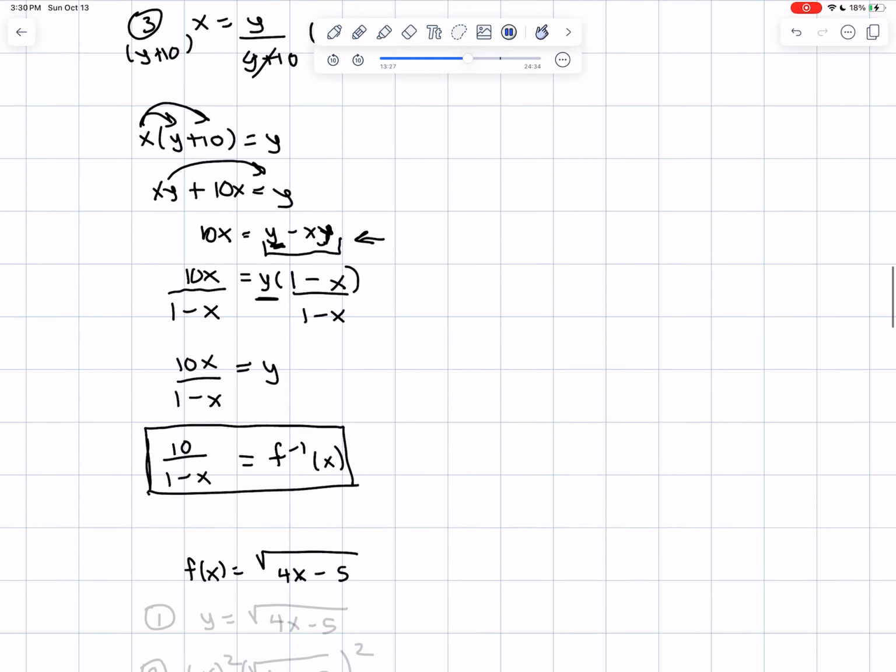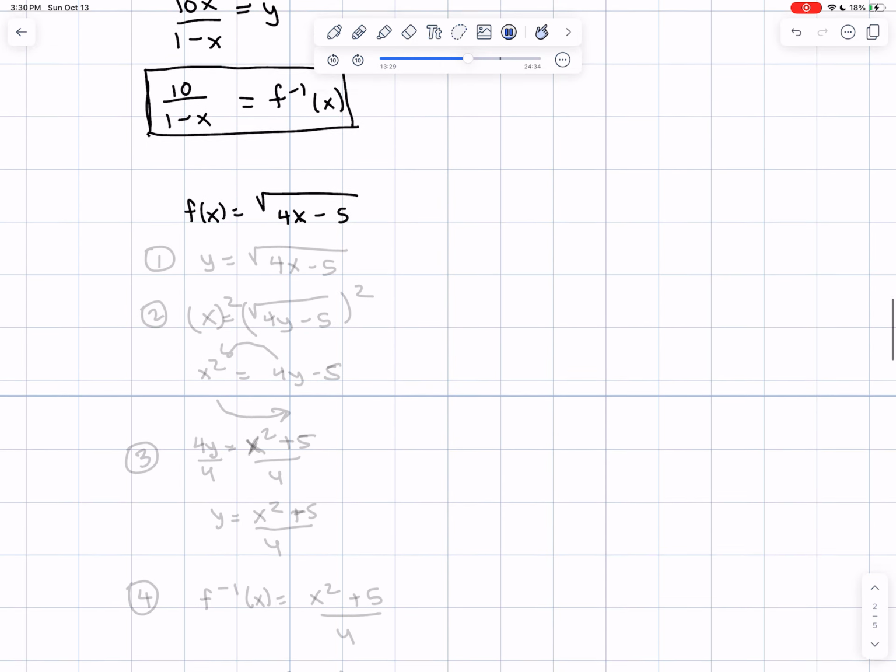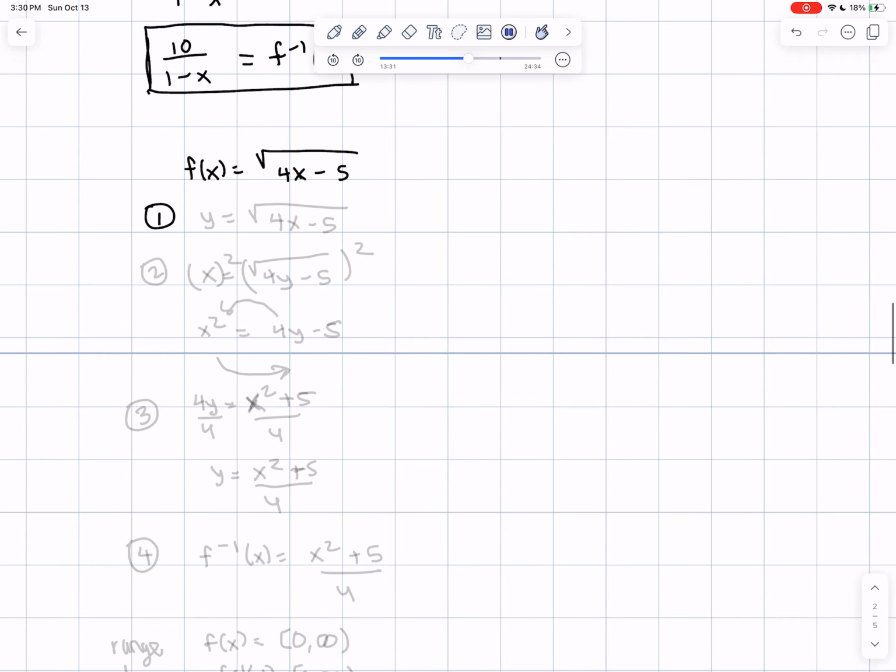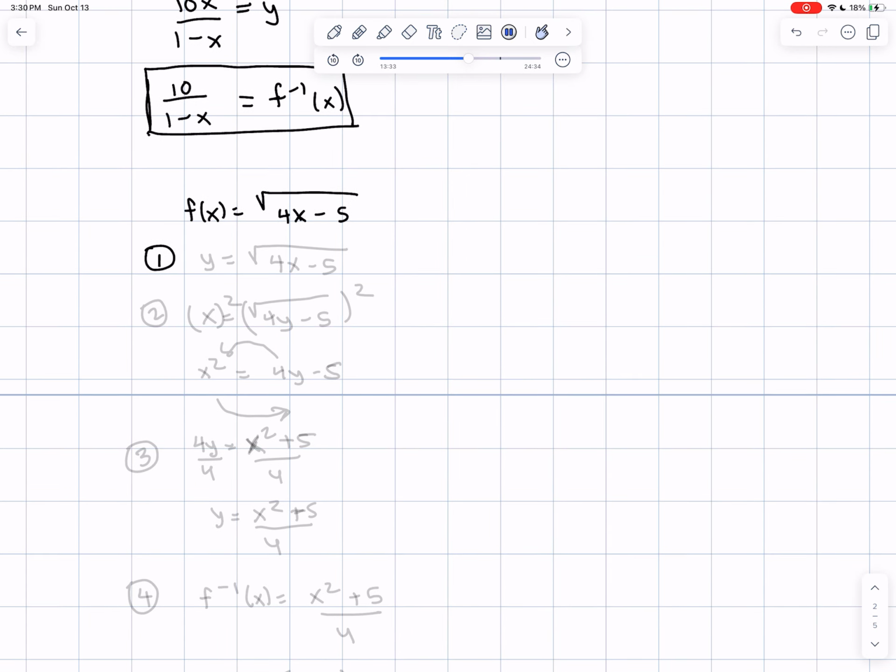Okay, welcome back. So again, we're going to do the first step. We're going to exchange f of x with y. And then we exchange x and y.